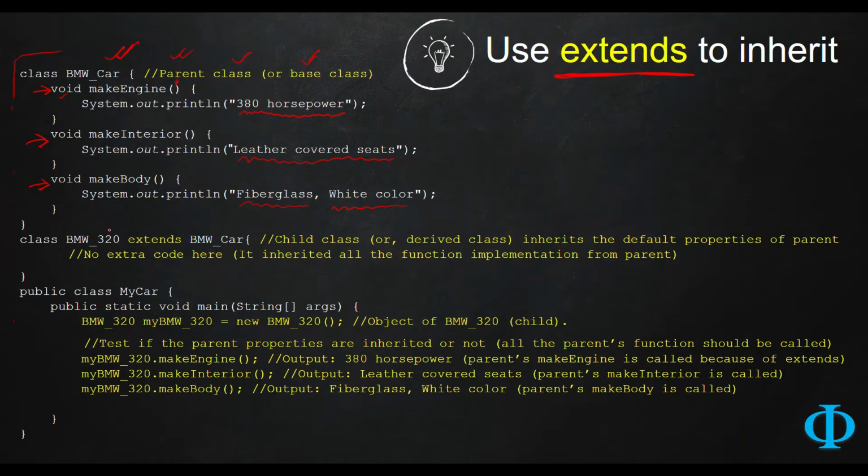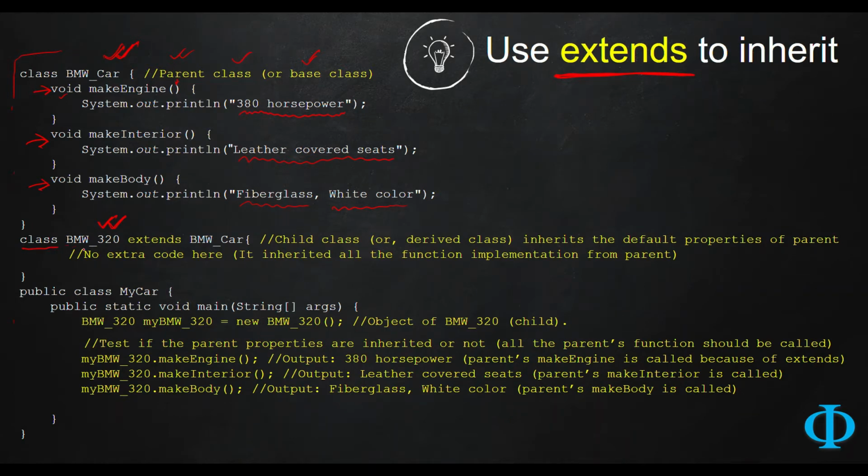Let's say this BMW 320. This BMW 320 wants to just extend, or inherit, the default properties of a BMW car. Let's say this BMW 320 is possibly the first model of the car, and that's why it just wants to use the default properties of a general purpose BMW car. So what you can do is create another class called BMW 320.